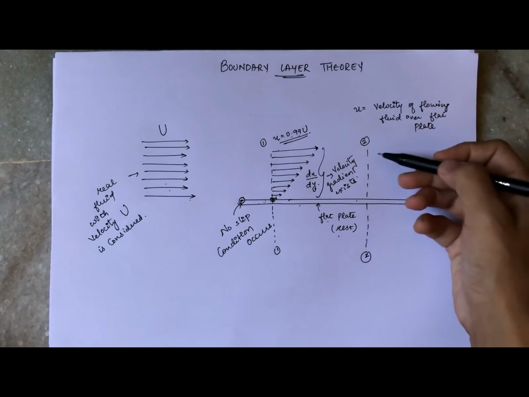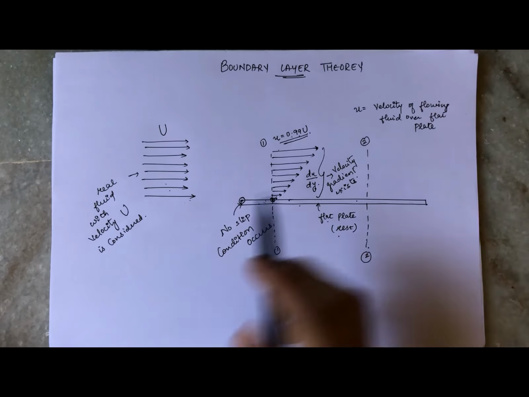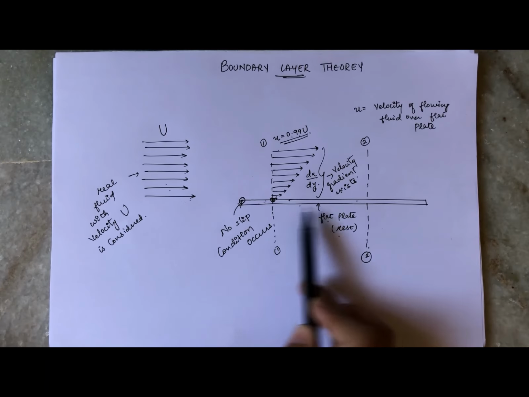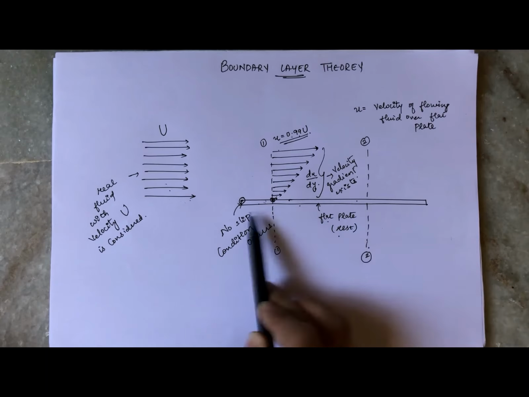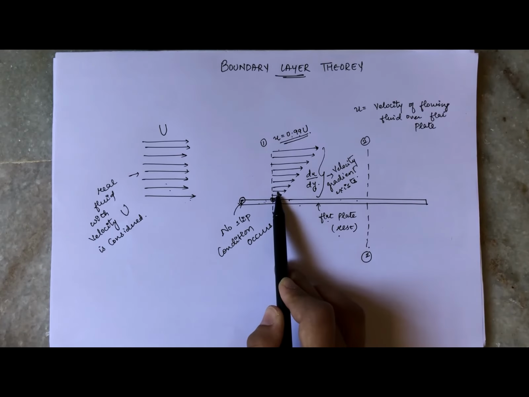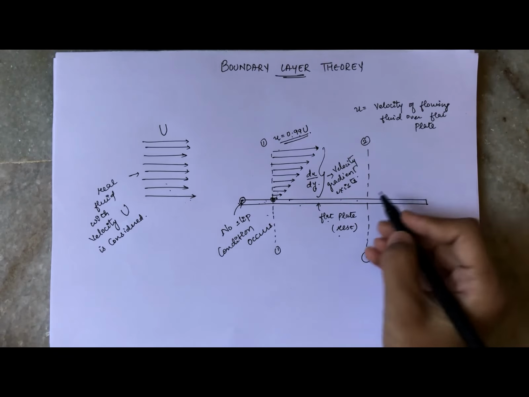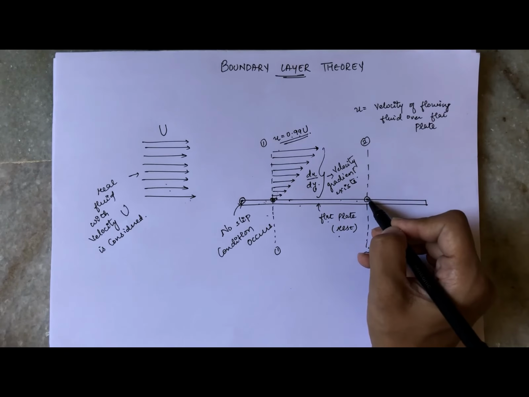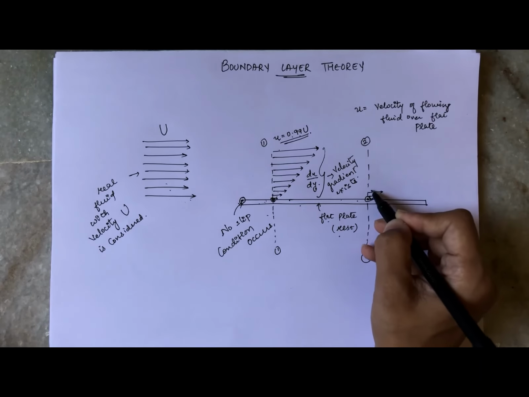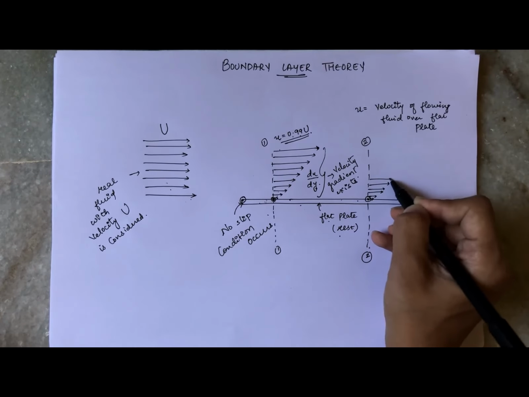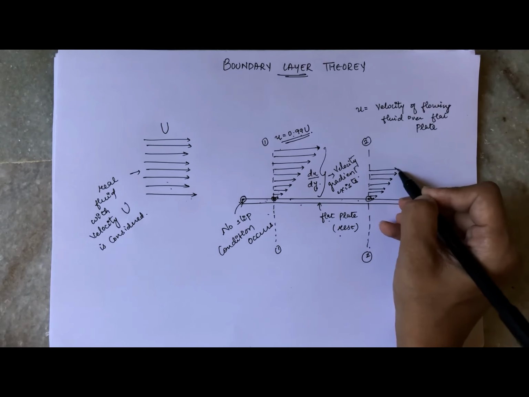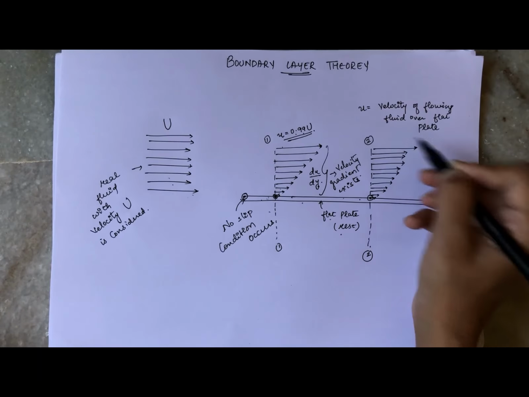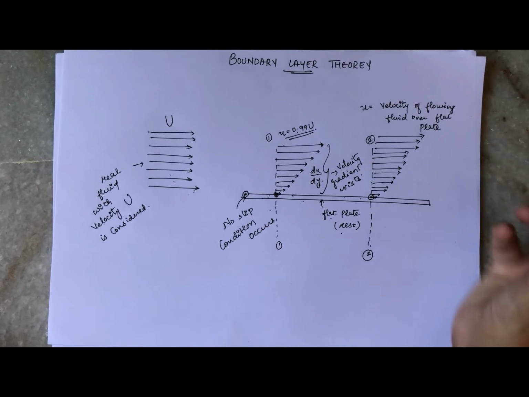As the fluid moves over the boundary surface and the distance in the x direction increases, the resistive force of the plate on the fluid will also increase. Here the velocity of flow is 0 and then again it will increase, but in this case the increase in velocity will take much more time compared to section 1, because it is experiencing more resistive force.